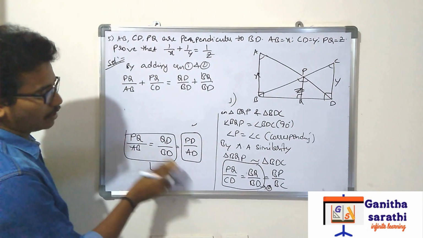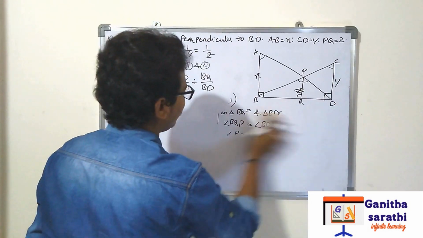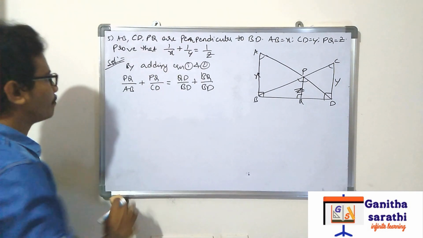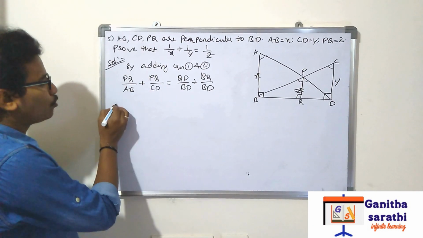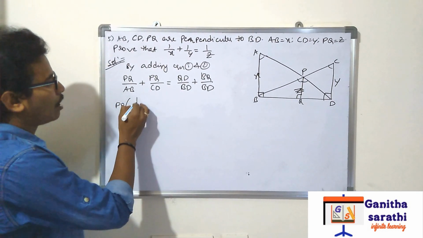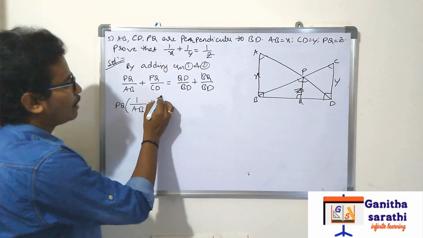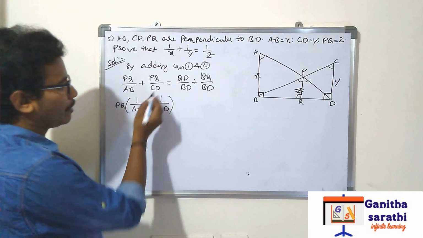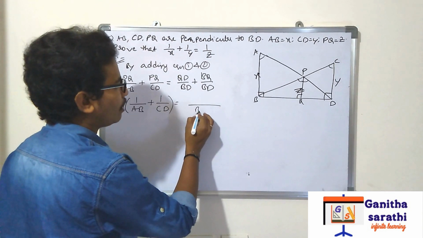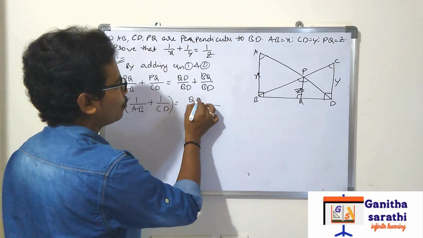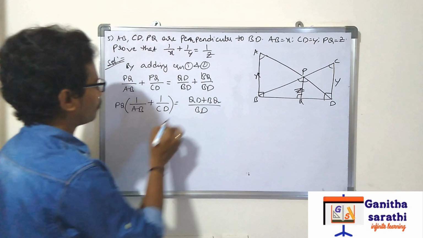Understood? LHS part added to LHS side, RHS to the RHS. Now see, here you can take PQ as common. If you take PQ as common, 1 by AB plus 1 by CD, right? And here the common denominator is BD, and QD plus BQ.